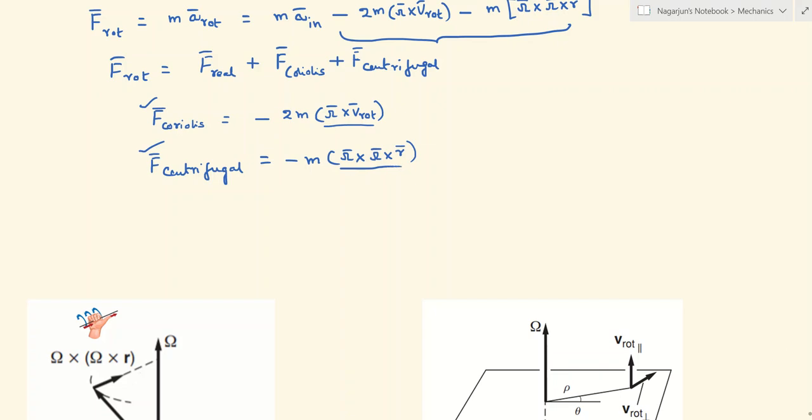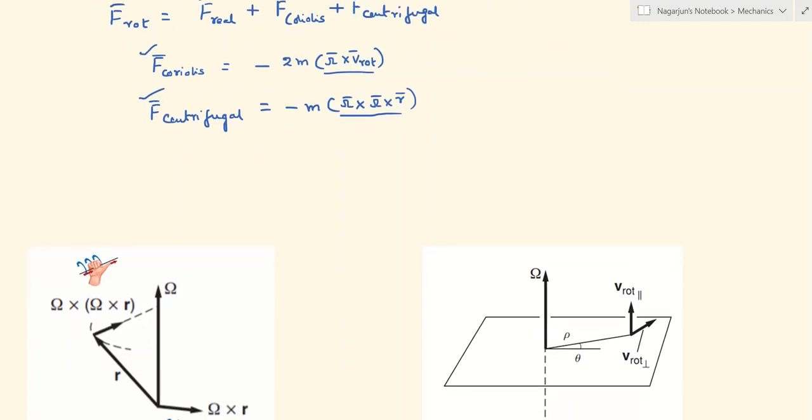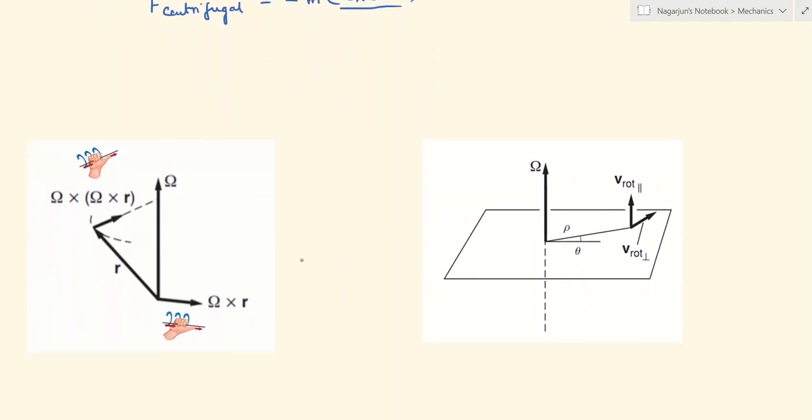Concentrating on the first picture, this is the direction of omega bar cross r bar. This is the position vector r bar. This is the constant angular velocity omega bar. These are the respective directions of that. So if this is r bar, this is omega bar, this is omega bar cross r bar, you can judge it with the right hand thumb rule.